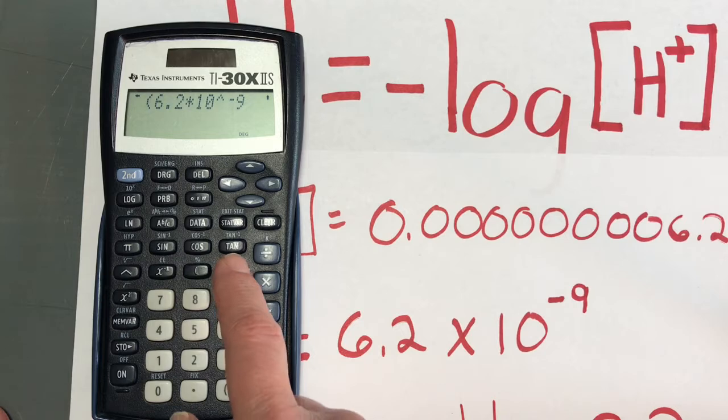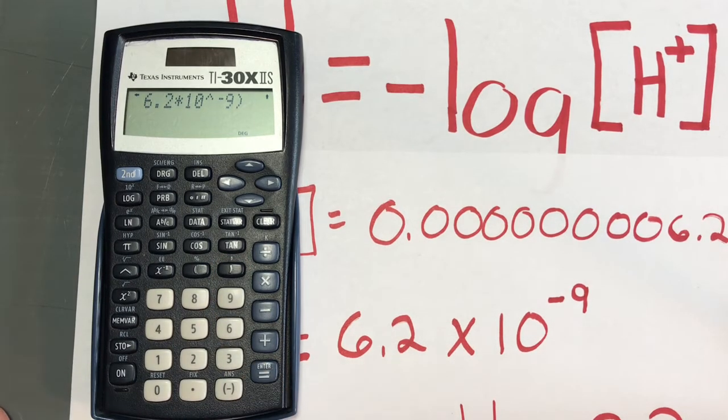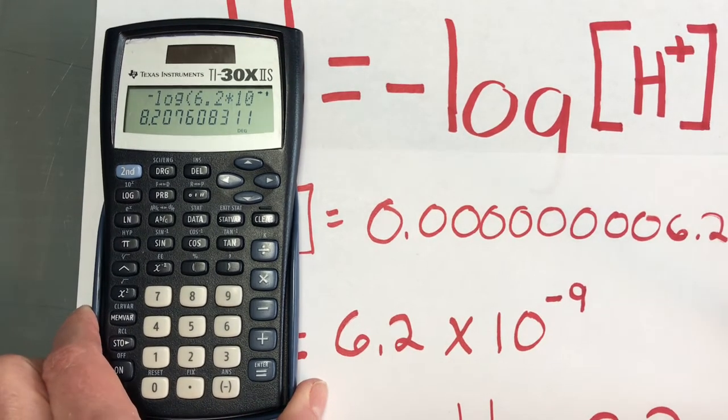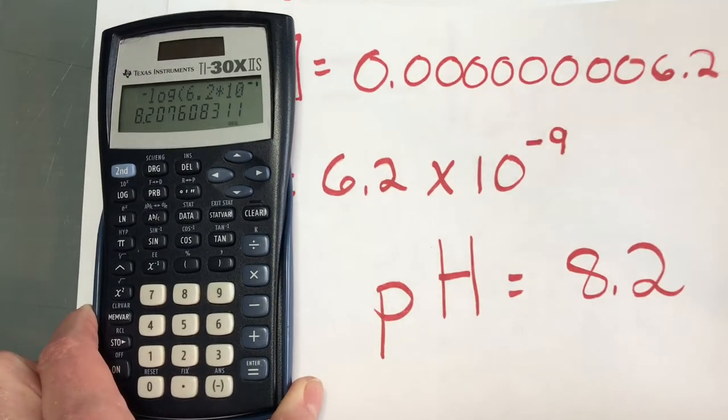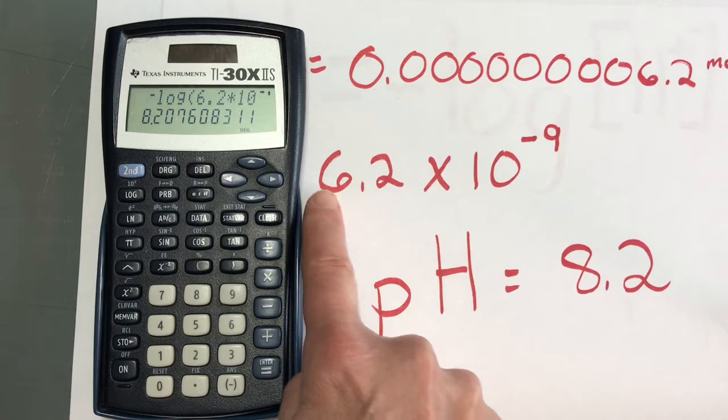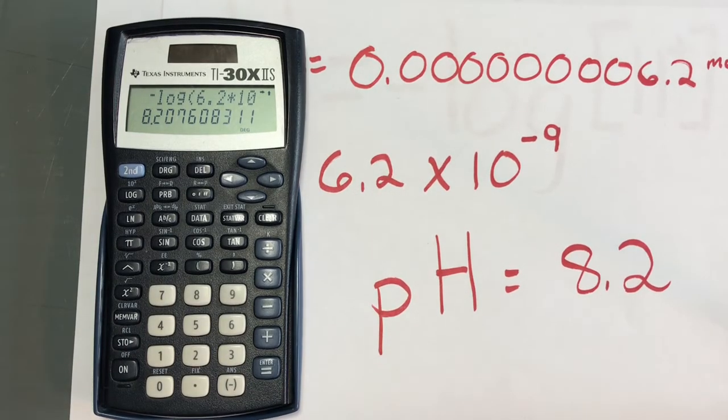I close my parentheses and hit equal, and that's my pH. My pH is 8.2076083. For significant figure reasons, we're going to go back to 8.2 because we originally had 6.2 going in here. The pH is 8.2.